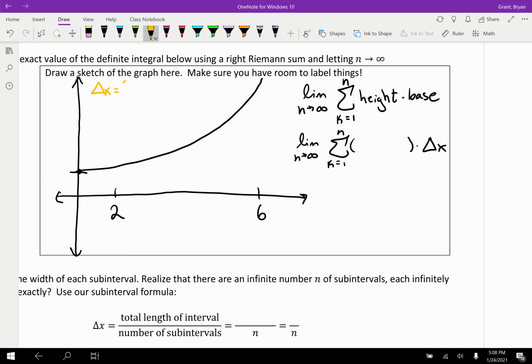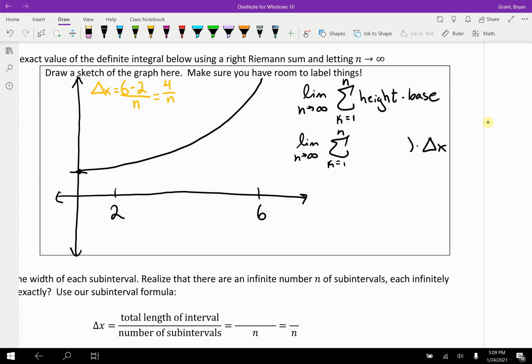Delta x is the length of the interval from 2 to 6, divided by the number of subintervals. What's the number of subintervals? Well, every time we've started at 1, the number of subintervals has been the number at the top. And instead of a number, we have a letter, but it's the same idea. It's going to be n. So we're going to be doing the length of the interval divided by an infinite number of subintervals.